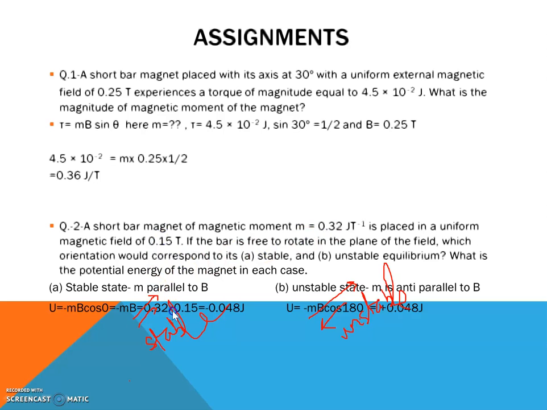If we substitute these two values, this relation will reduce to minus 0.048 joule. Again, for the unstable state, potential energy will be positive mB, and thus this relation will reduce to positive 0.048 joule. So the third topic can be used in this way.